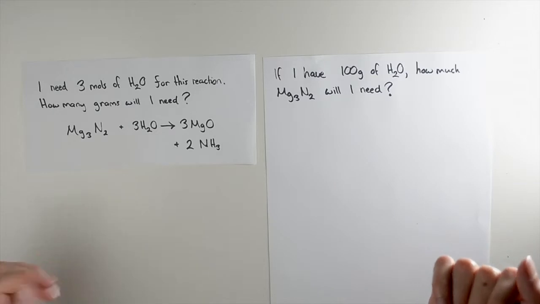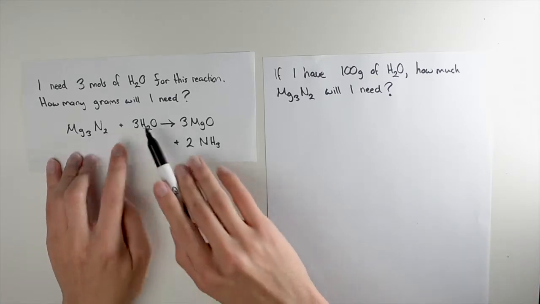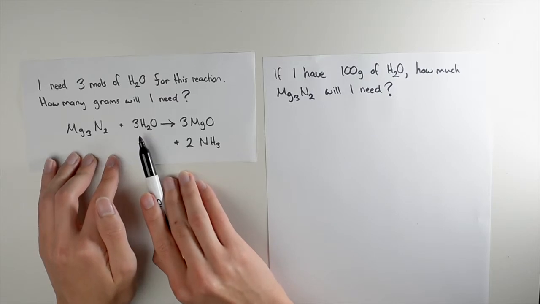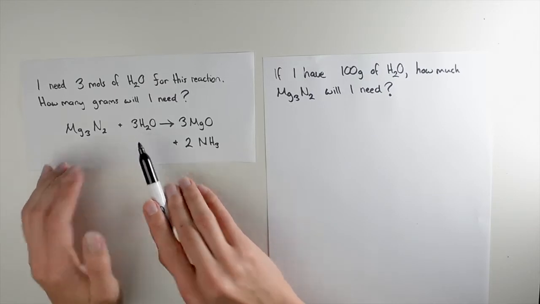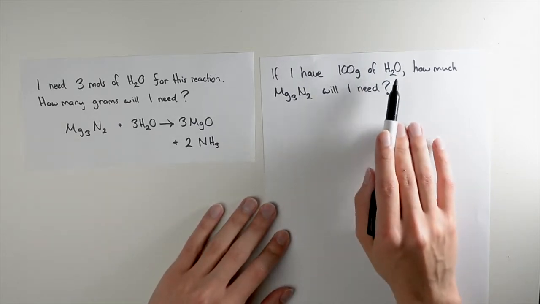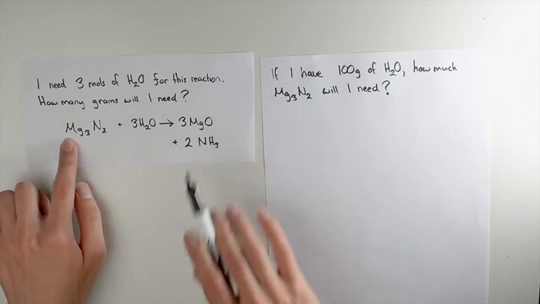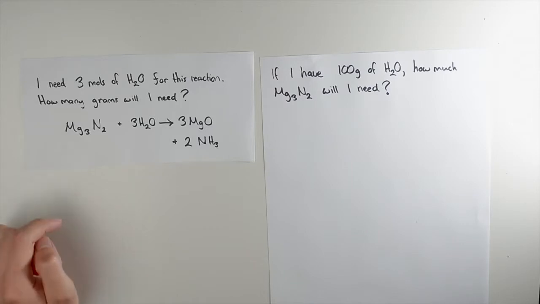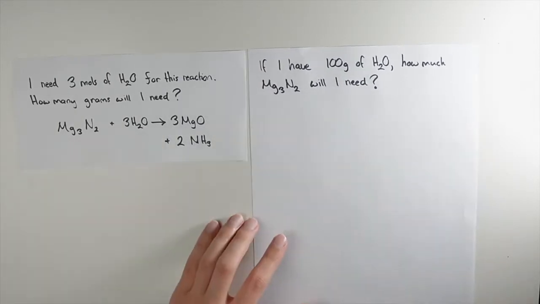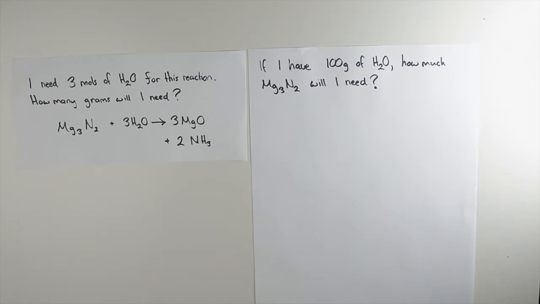Now, from our example before, I mentioned that we don't always use the mole in front of the molecule here to measure out the amounts we need for our reaction. We often have, say, 100 grams of water, and we need to calculate how much do we need of the other stuff to complete our reaction. So in this example, if I have 100 grams of water, how much magnesium nitride will I need?